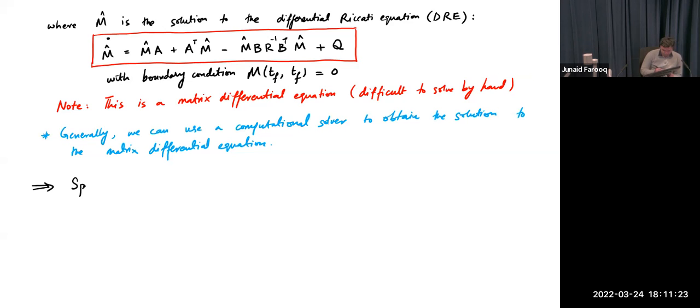Okay, so the good thing about this special case is that you may be able to solve the Riccati equation by hand, and I will show you how that works.